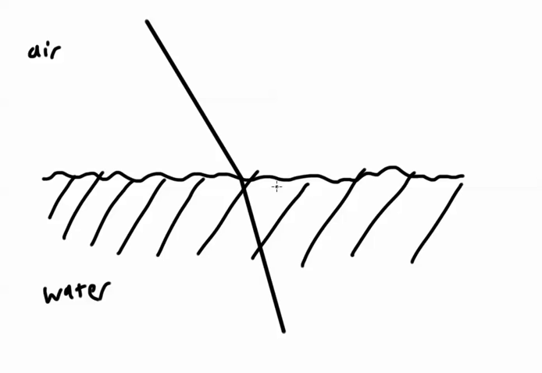And one interesting question is, how can we describe this bending? When I say it bends down, that's very descriptive of what happens when the light from the air hits the water. But let's think of another example. Let's suppose that there's a cup of water.